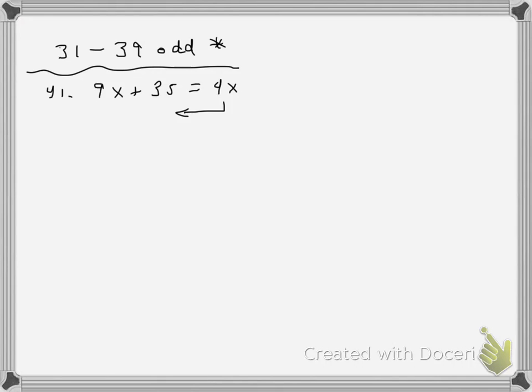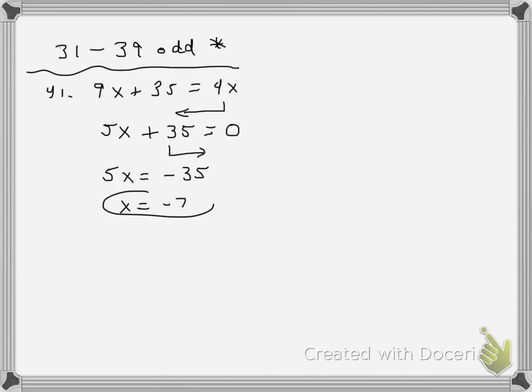So I'll have 9x minus 4x, that would be 5x plus 35 equals, when I'm left with nothing, I'll put a 0, and then I'll subtract that. So I'll have 5x equals negative 35. Now divide by 5, and I get negative 7. So if I plug that back in, that works out just fine. Not sure why he thinks that's too tricky.